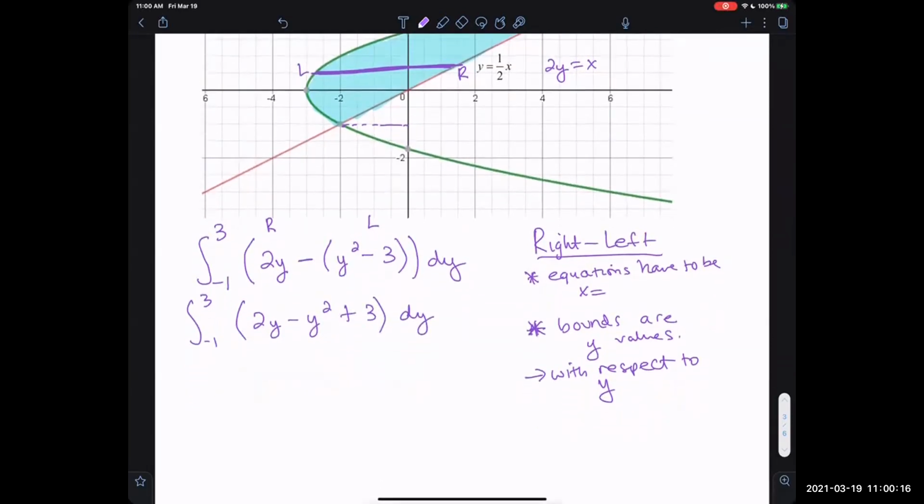We just do everything the way we would do it otherwise. So y squared minus y cubed over 3 plus 3y from -1 to 3.